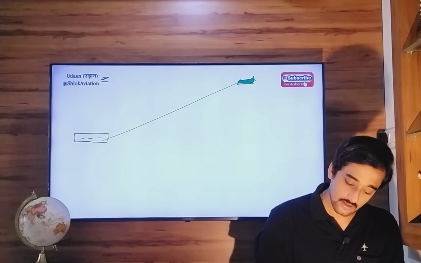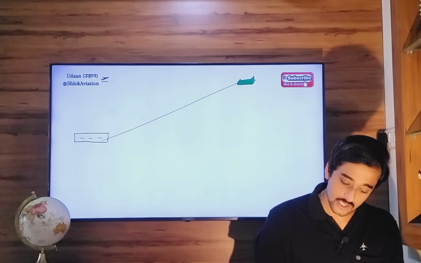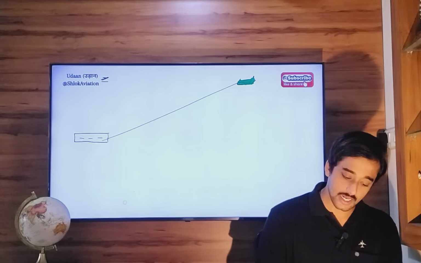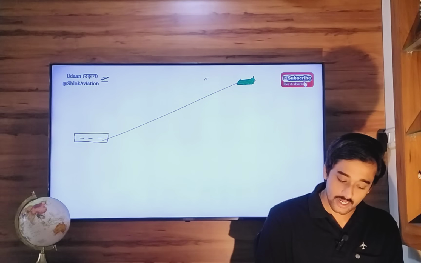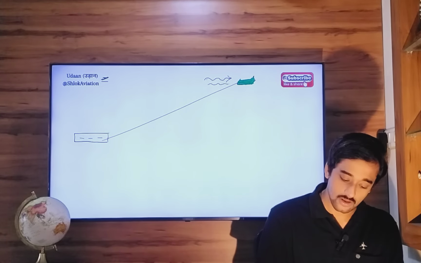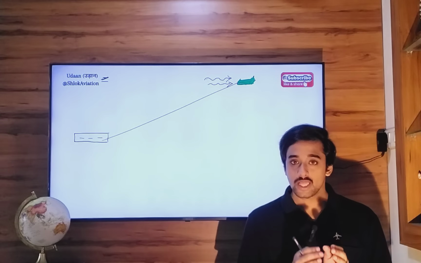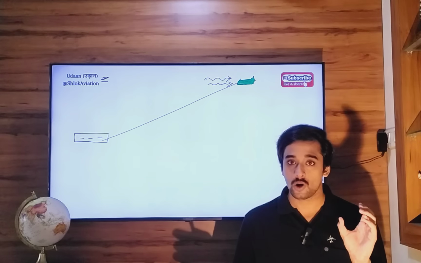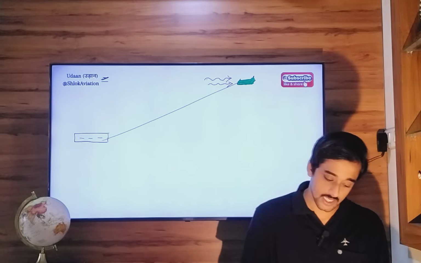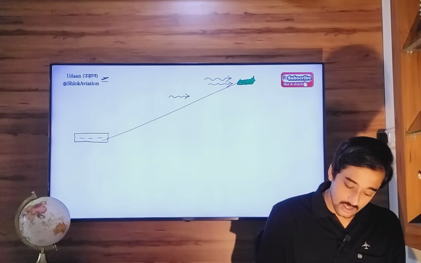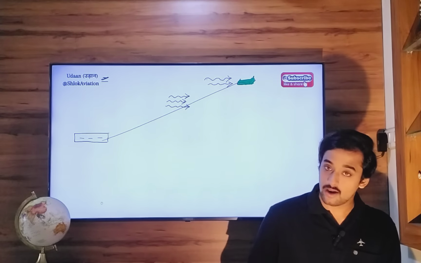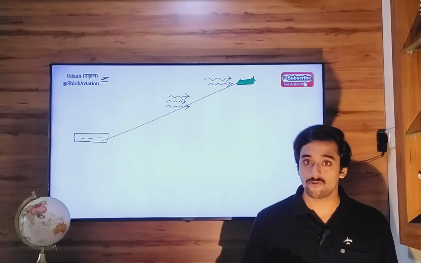Initially, at position 1, it is correctly established on the glide slope, and it is getting, let's say, 20 knots of headwind. Now when this headwind component increases from 20 knots to a new headwind of 30 knots, what will happen? The rate of descent of this aircraft will increase.